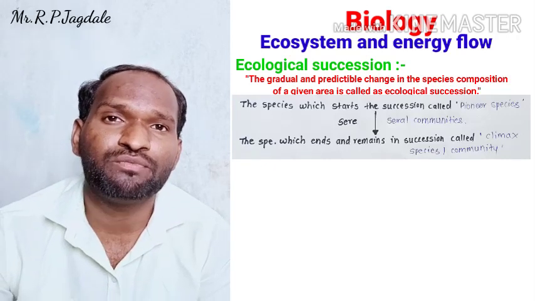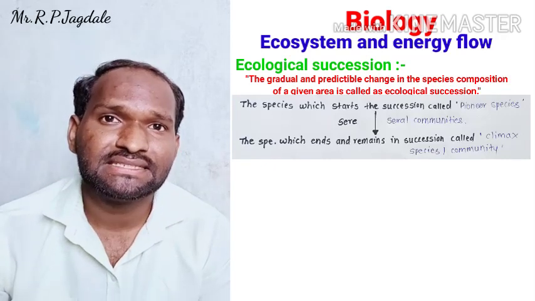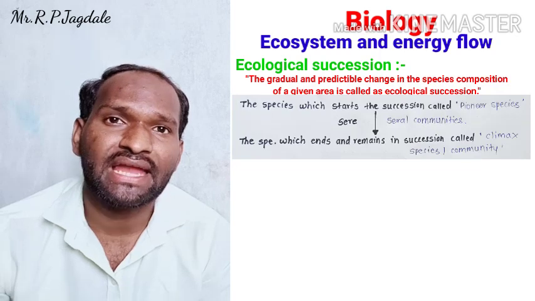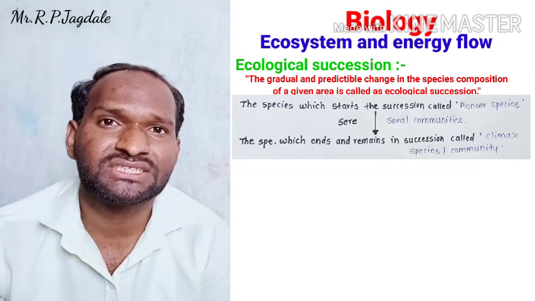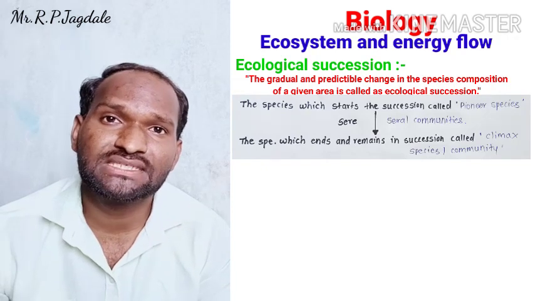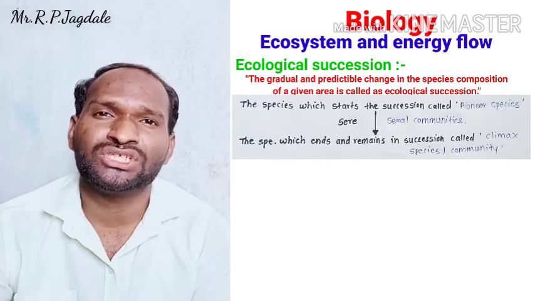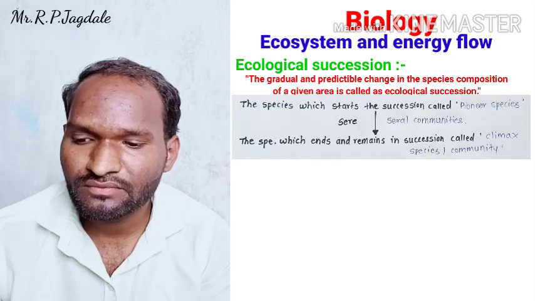With the help of the pioneer species, seral communities and the climax community, the ecological succession takes place. This is the broad structure of ecological succession.